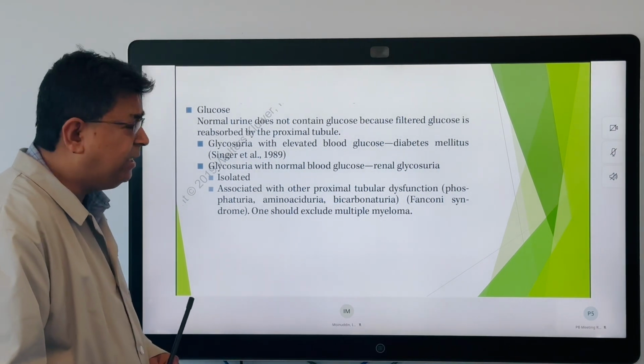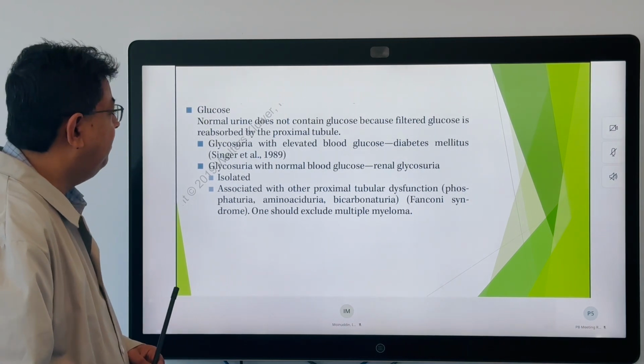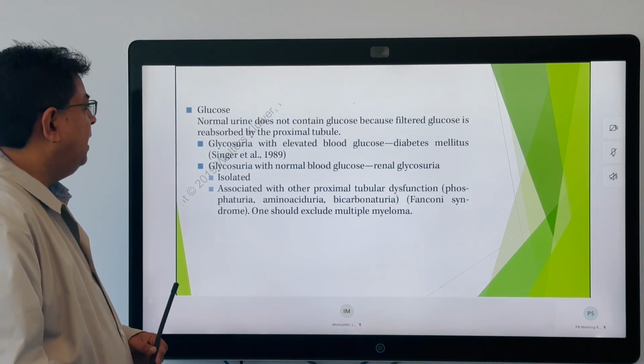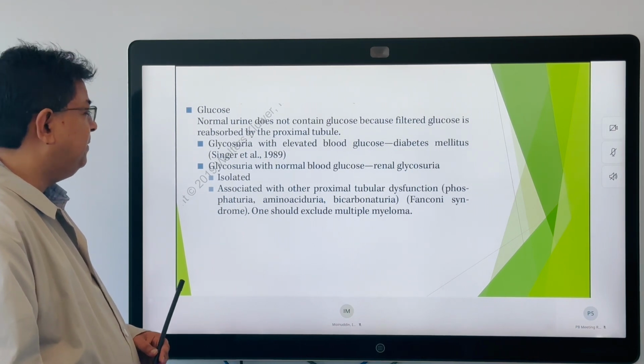Normal urine does not contain glucose because filtered glucose is reabsorbed by the proximal tubule. Glycosuria with elevated blood glucose occurs in diabetes mellitus.